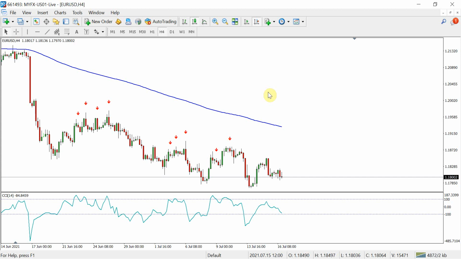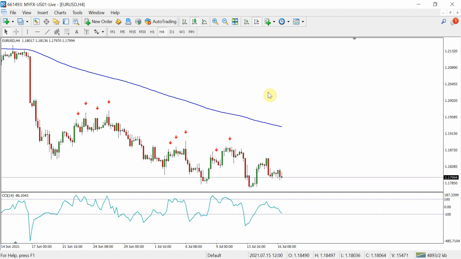The EA did take every single trade and utilizes the average true range for reward to risk parameters. But now this prints signals when the trading conditions are met, and then it's up to you whether or not you want to take the trade.